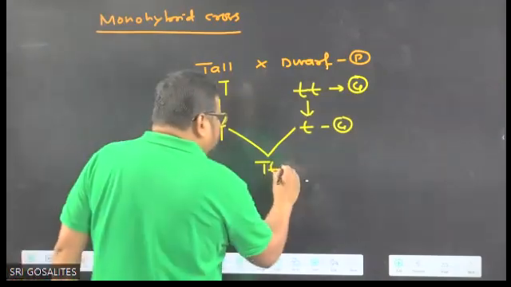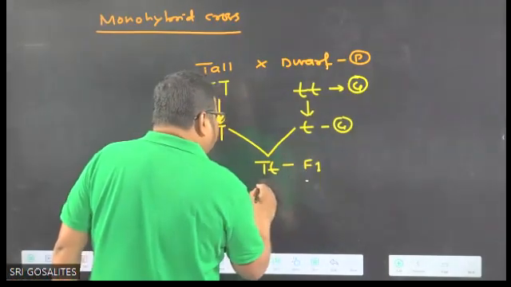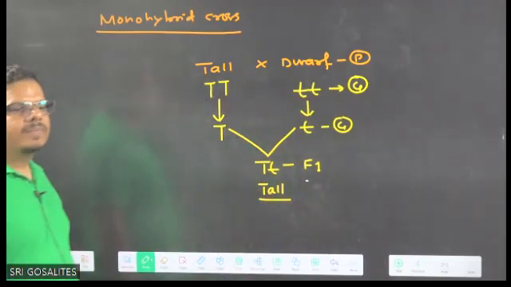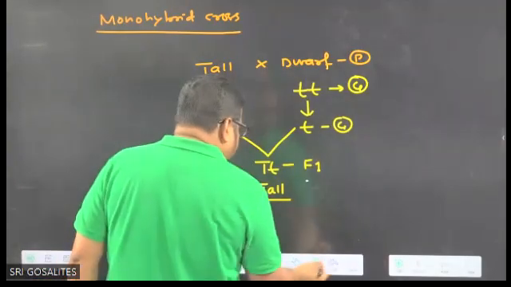Very good. So this is the first generation. Mendel found in the first generation all progeny are tall. Now what did Mendel do?